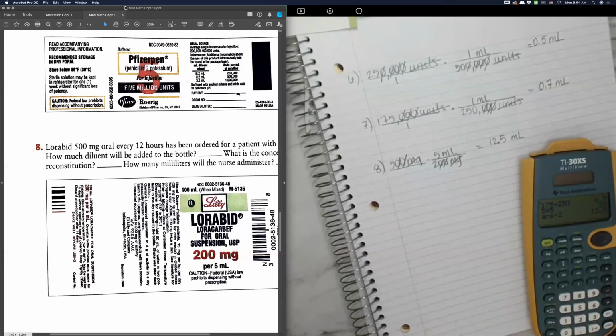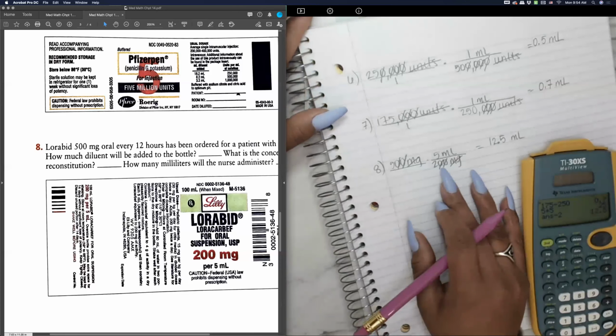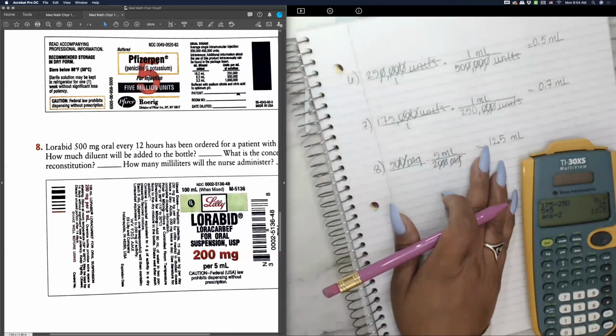What is the concentration after reconstitution? Well, it already is telling us on the label in the big bright dosage strength. So 200 milligrams per 5 milliliters is the dosage strength or the concentration after reconstitution. And then how many milliliters will the nurse administer? And we've already done our calculation, so we know that nurse is going to administer 12.5 milliliters.